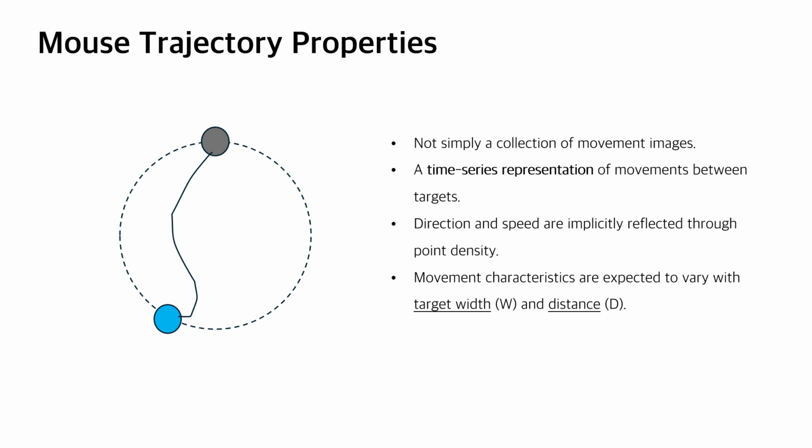In addition, movement behavior changes depending on the task condition. For example, target distance and target width influence how people move the cursor. This naturally leads to two requirements. First, the model should handle sequential time series data. Second, it should generate trajectories conditioned on task parameters.